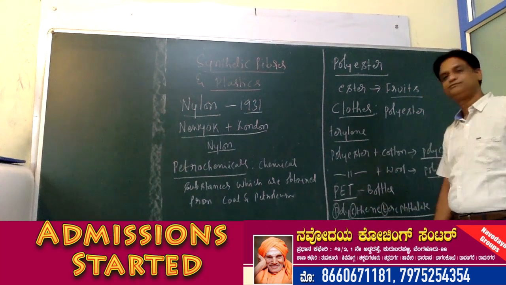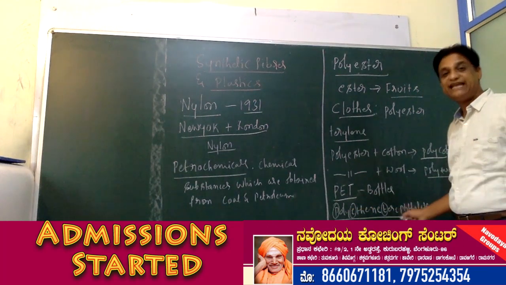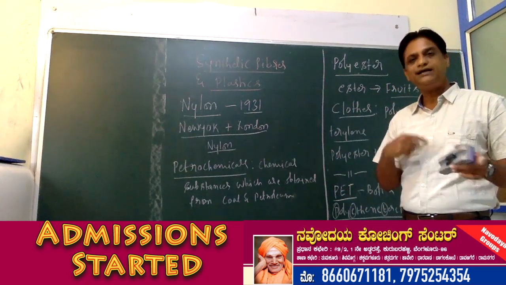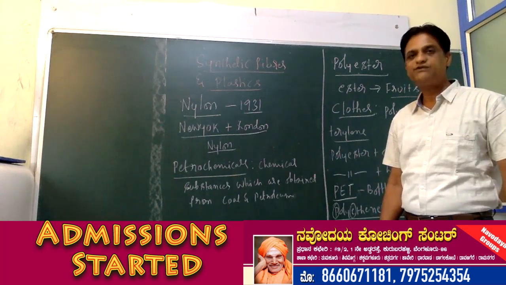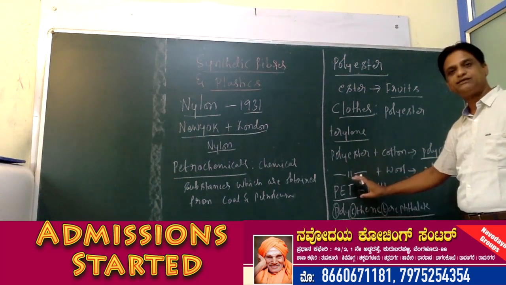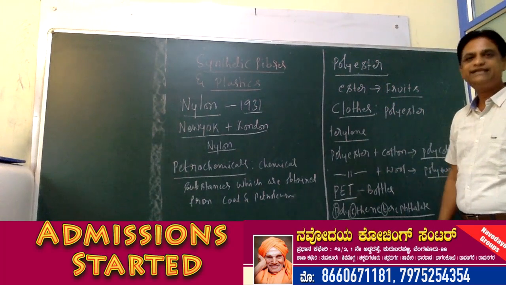It is mainly used to make bottles and other containers for storing different types of materials. So terylene and PET are the two popular forms of polyester.